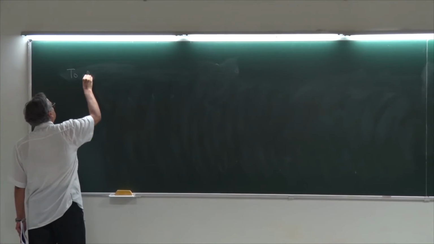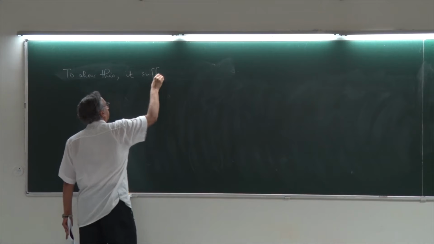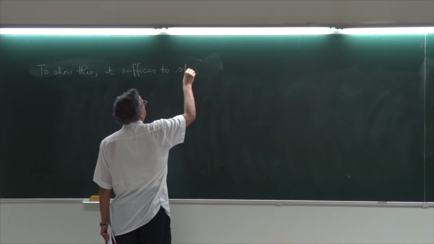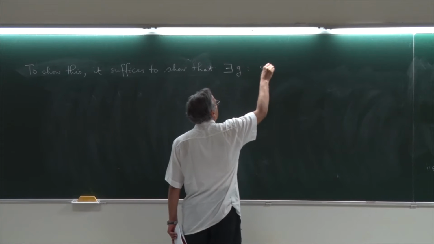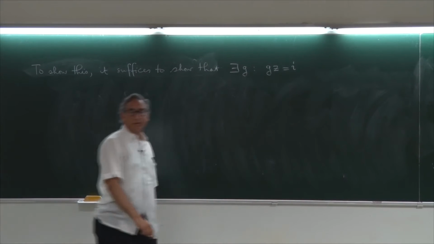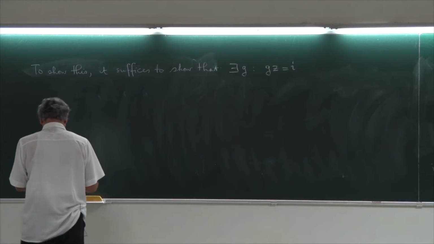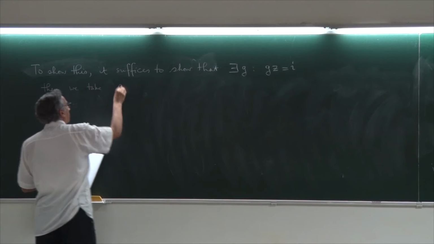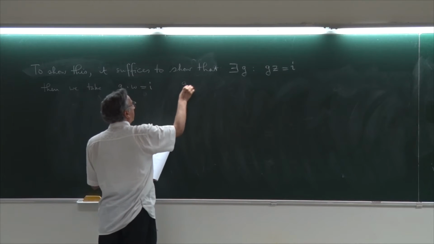To show this, it suffices to show that there exists a G such that G takes Z to I. So for any complex number Z in the upper half plane, if I can show this, then we take G1, which takes W to I, and then we apply G1 inverse.